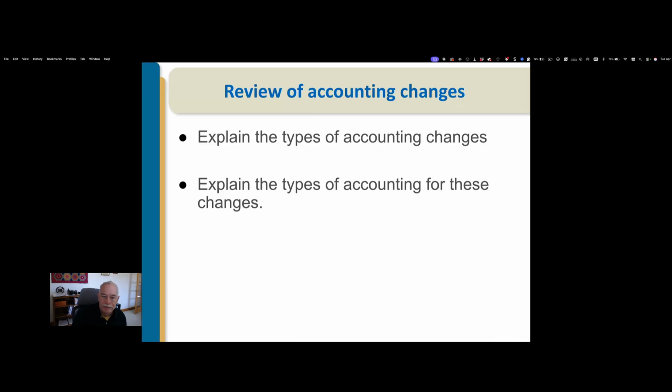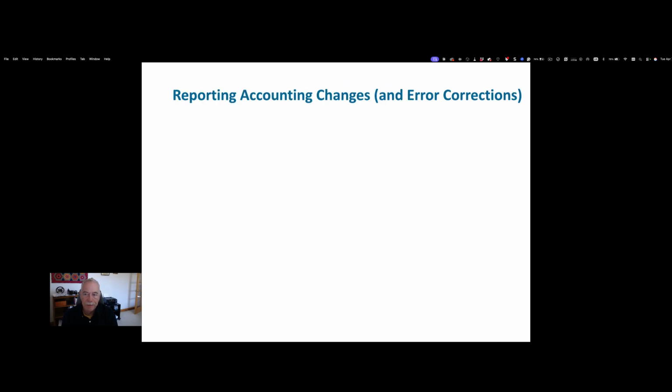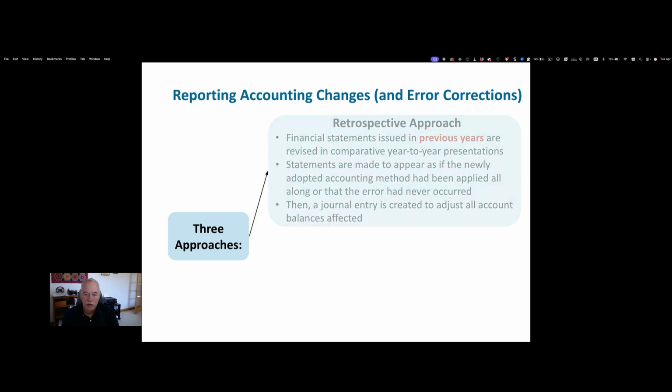So let's review. We need to be able to explain the types of accounting changes and explain the types of accounting for these changes. So these are the types of accounting changes: a change in accounting principle, a change in accounting estimate, and a change in reporting entity. There are three approaches.